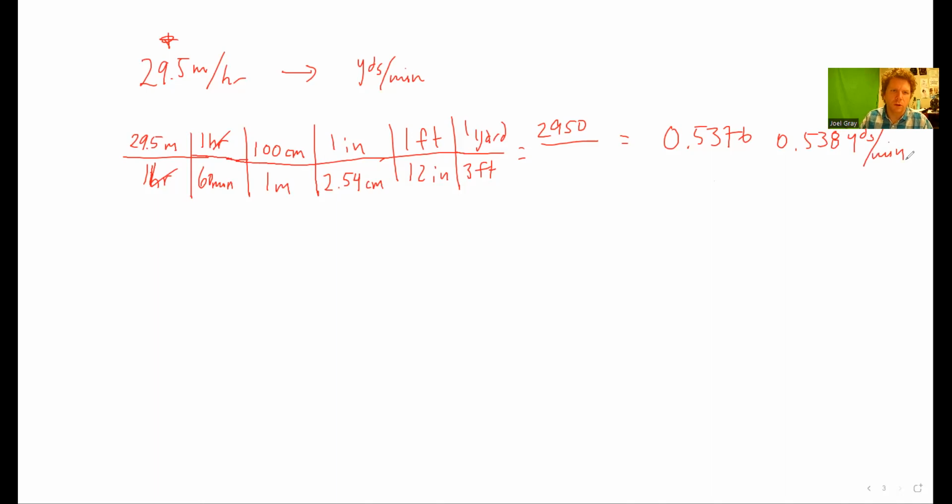Now, this is a question that quite a few people struggled with, and it seemed pretty consistent that the hang up was this centimeters to inches conversion. Also, a handful of people asked how to convert directly from meters to yards. As you can see, I went from meters to yards over the course of 3 steps.